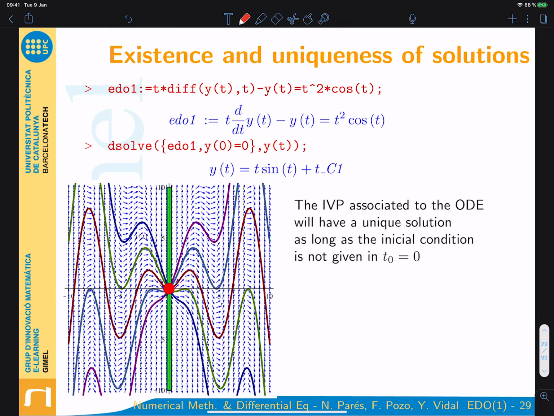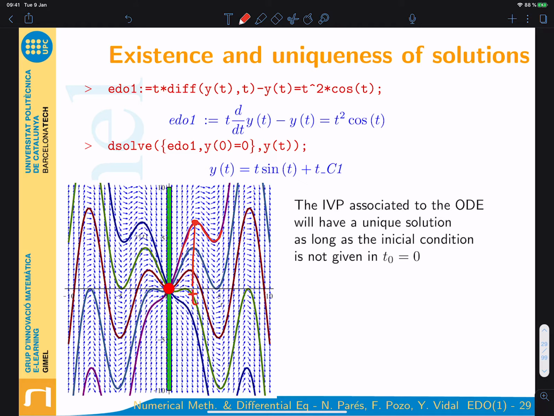Here we can see the geometric interpretation of what we concluded. We can see here that for any initial condition given, for example, here at a value of t that is different from 0, the solution is unique. The curve that goes through this point and is tangent to the vector field everywhere is a unique curve. It exists and is unique.